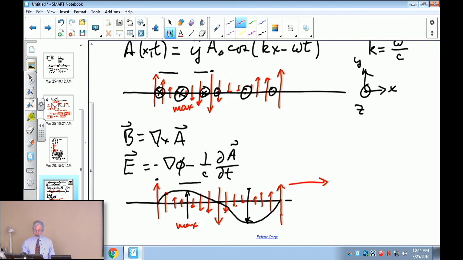We have 0 B field here because the field is symmetric, so there's no curl there. So there's a 0 in the B field here, a 0 in the B field here, and a 0 in the E field. So the zeros in the E and B occur at the same place. The maxima and minima occur at the same place and time. So they're synchronized.